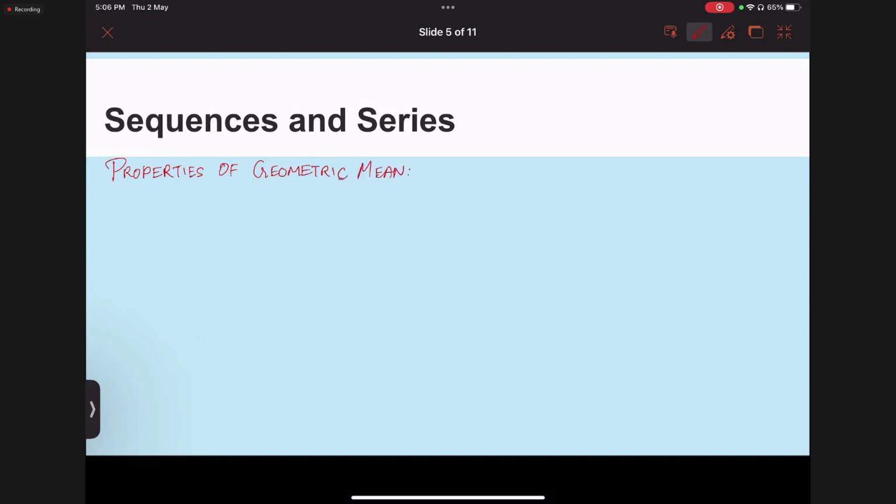The first property that we also noted in the previous slide is that GM for any given set of numbers is always less than the AM. There might be very few instances where your arithmetic mean would equal your geometric mean. Usually, it is less than the arithmetic mean.